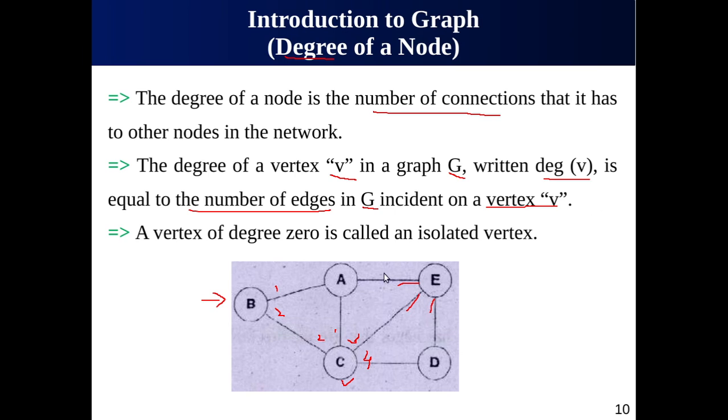One thing you might be thinking is that this degree does not give us complete information. Later on, we will see that there are different types of graph, like directed and undirected. It is not clear whether these lines are ending at B or they are initiated at B. We have another concept which is known as out degree and in degree, and that is related with the directed graph.